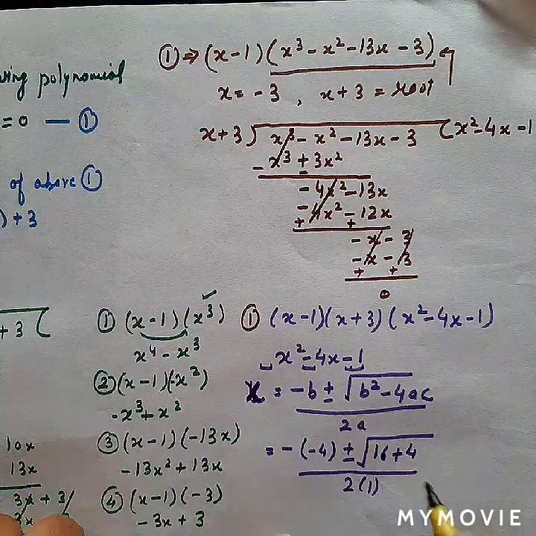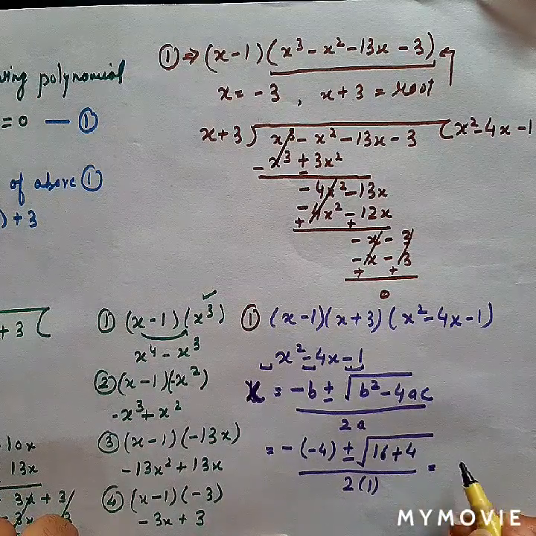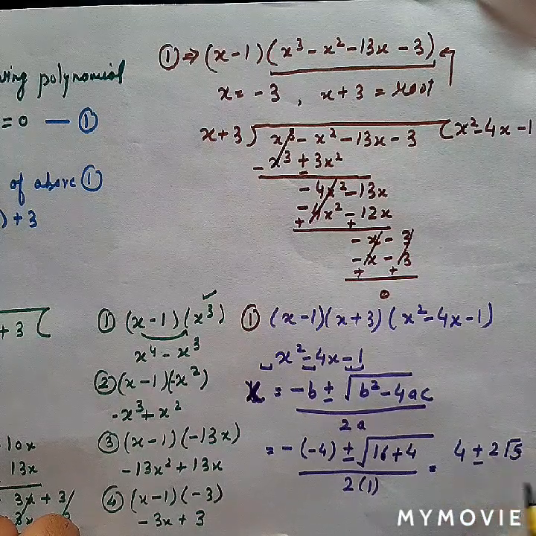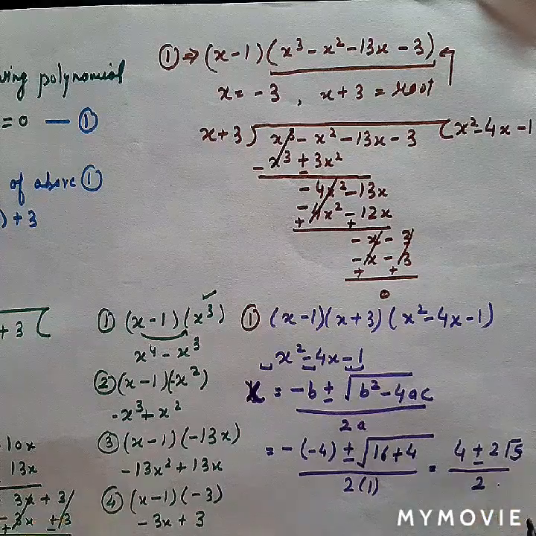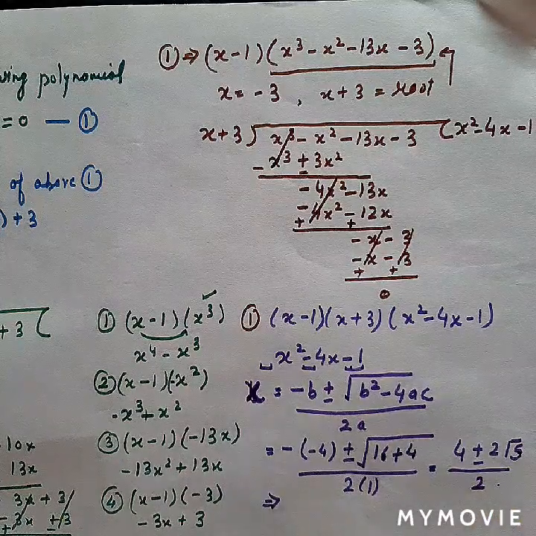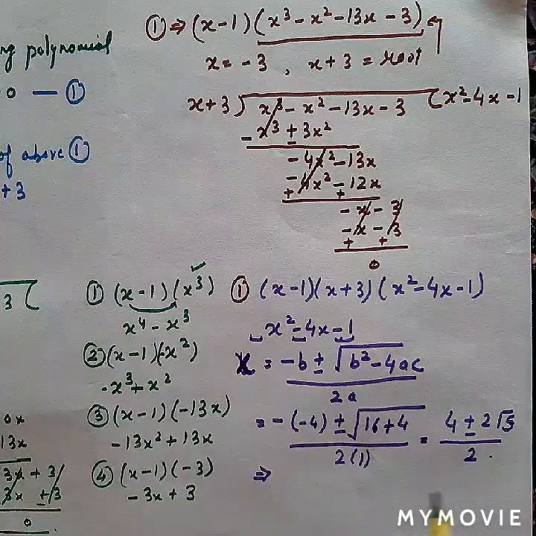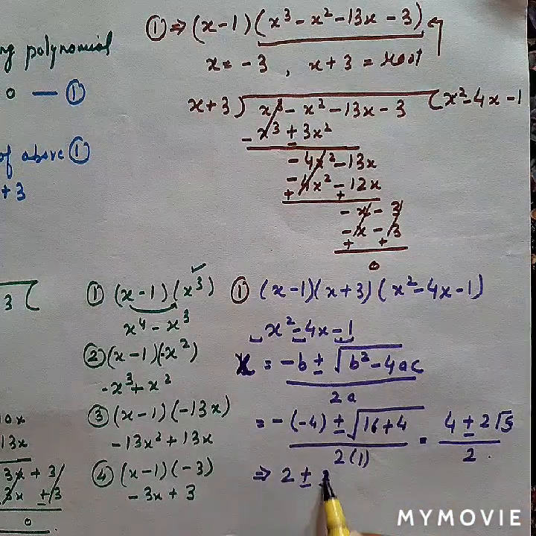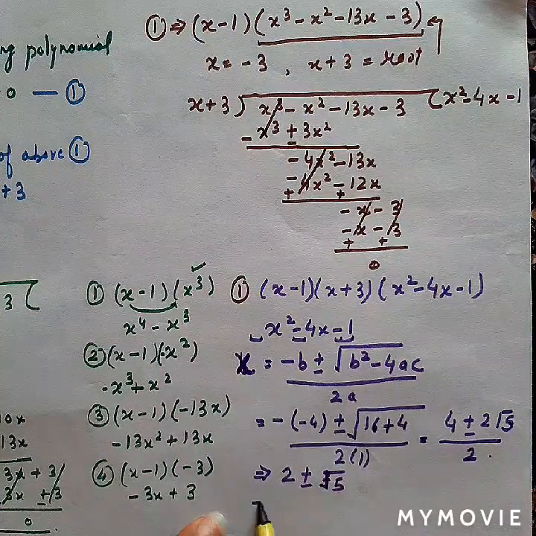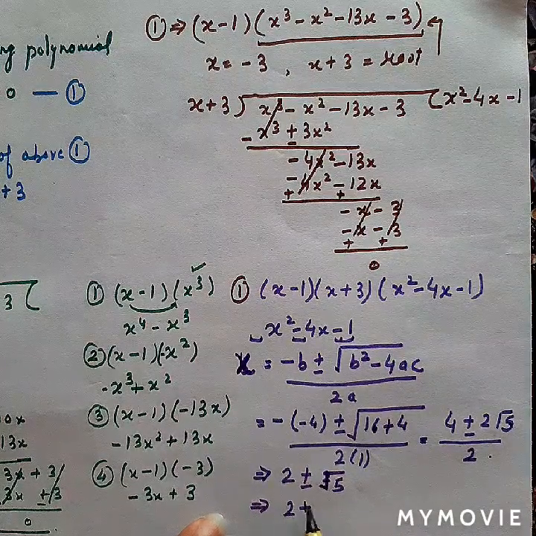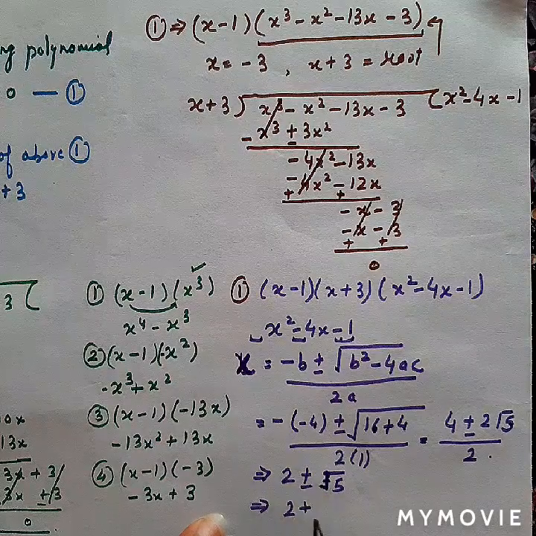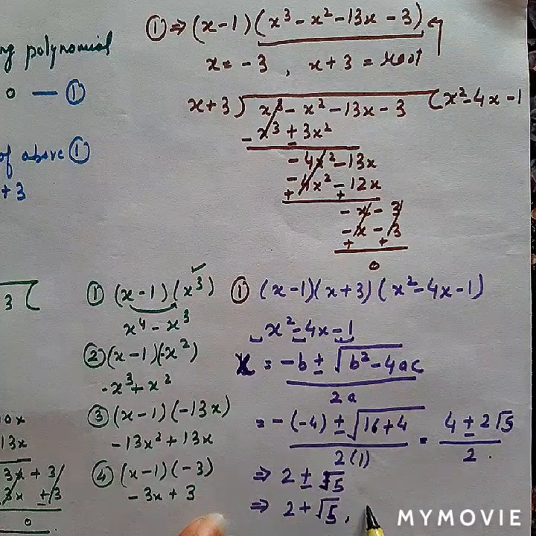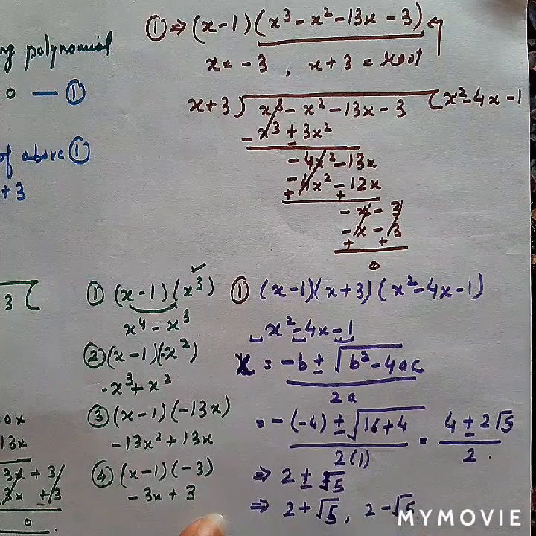After solving this equation, I will get 4 plus minus 2 under root 5 upon 2, and taking out 2 common, 2 plus minus under root 5. So one root will be with plus sign, 2 plus under root 5, then 2 minus under root 5.